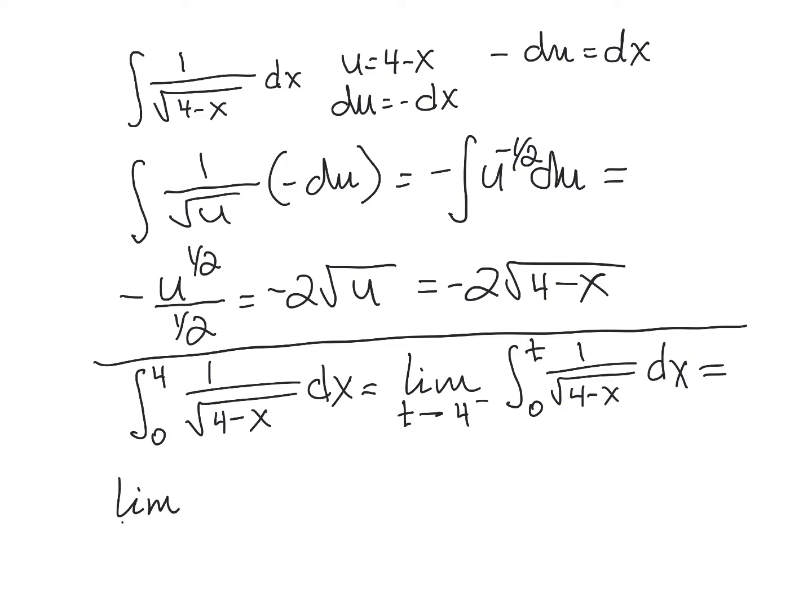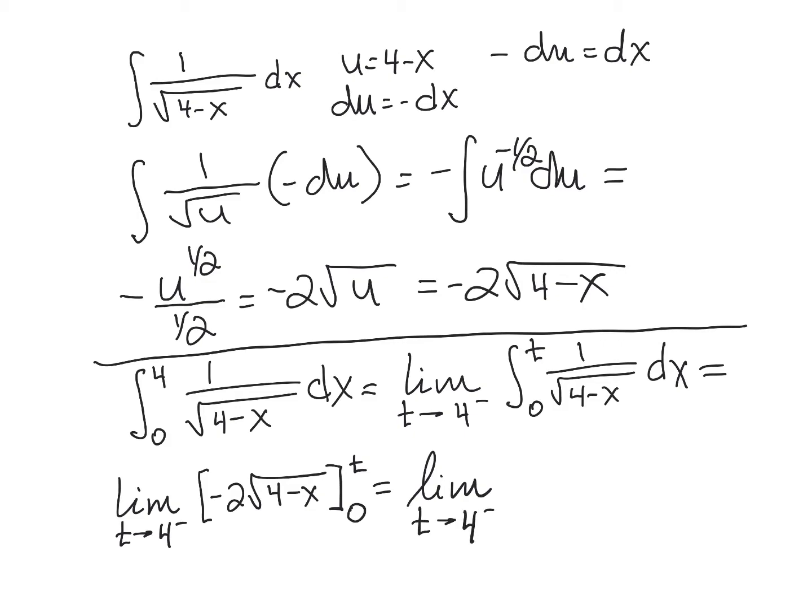So this is the limit as t approaches 4 from the left of negative 2 square root of 4 minus x, evaluated from 0 to t, which is the limit as t approaches 4 from the left of negative 2 square root of 4 minus t, plus 2 square root of 4 minus 0, which is just square root of 4.